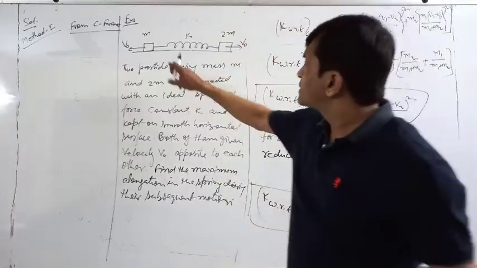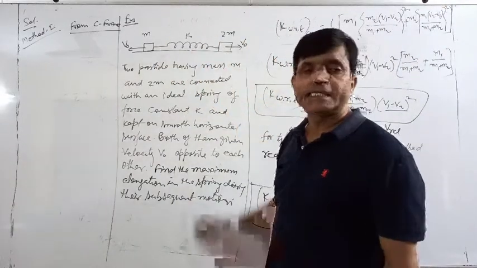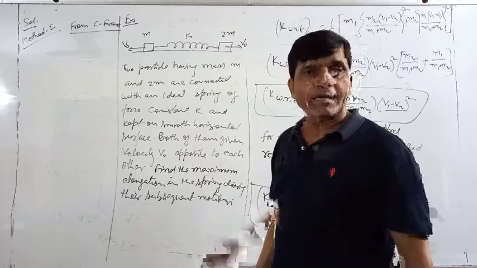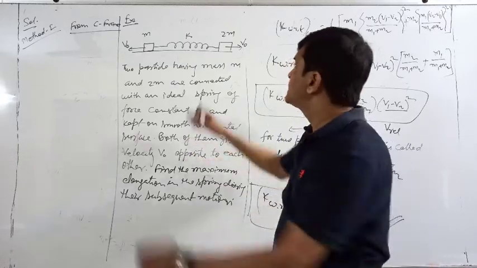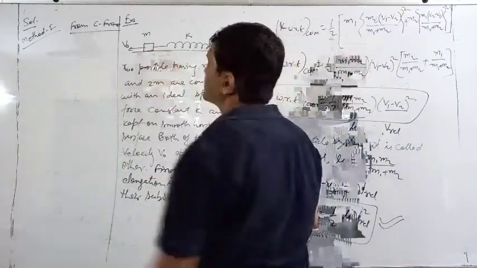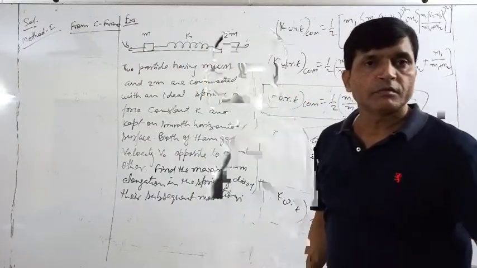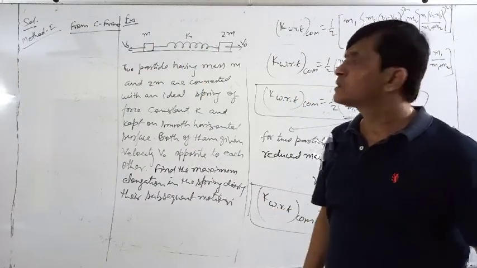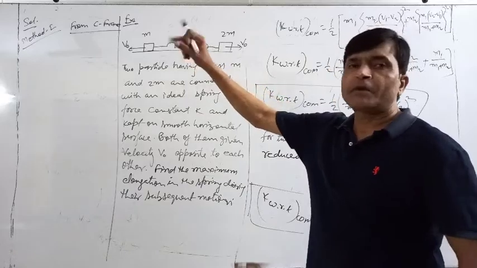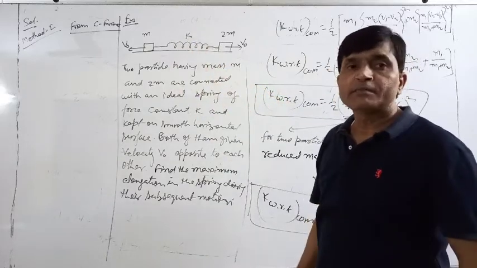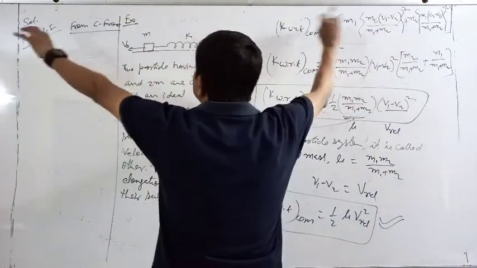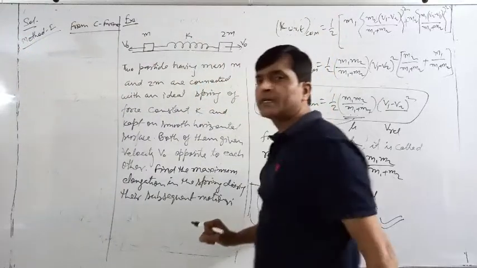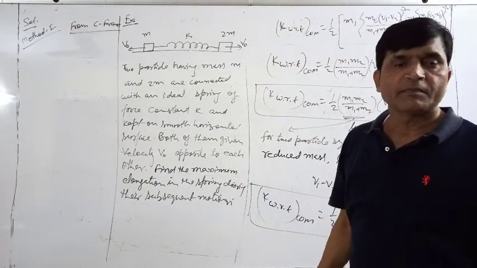As the velocity continuously decreases, one instant may come when their velocity becomes 0. At that time the elongation of the spring will be maximum.